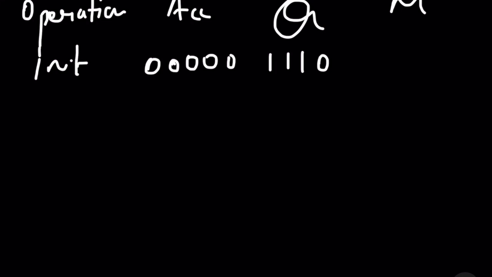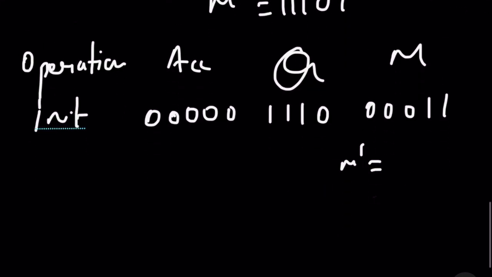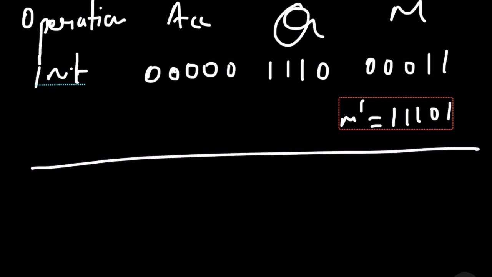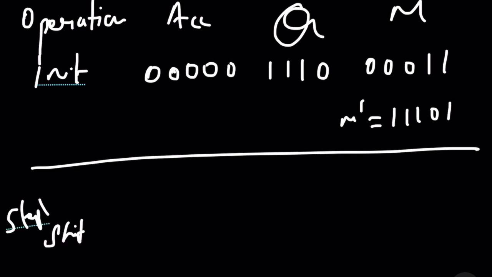It is represented as a 4-bit, right? Even if it is represented as a 5-bit, there is no big deal on it. So M will be 5-bit representation of the 3, that is 00011, and M dash also we just have a note on it, that is 11101.